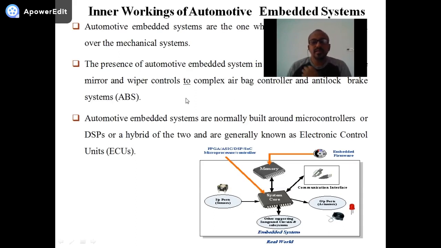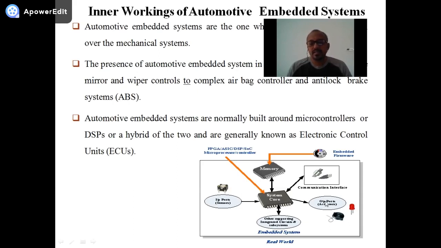So, automotive embedded systems are normally built around a microcontroller, as you see here in the block diagram. There is always a core, and all the embedded control units are built around the core. The core may be a microcontroller, most of the time, or a microprocessor.